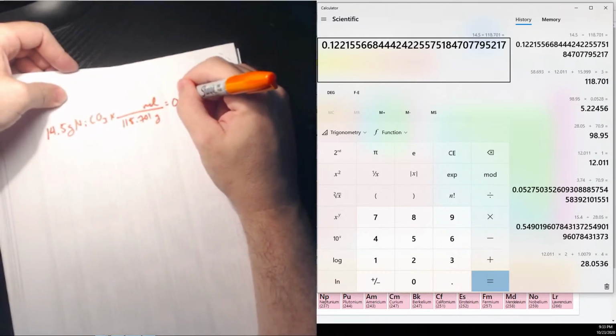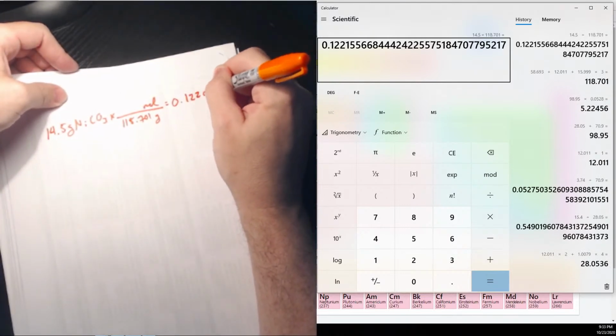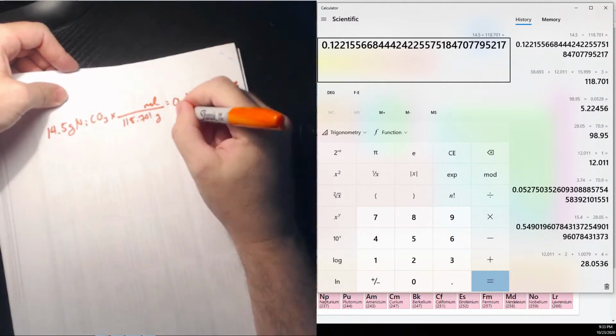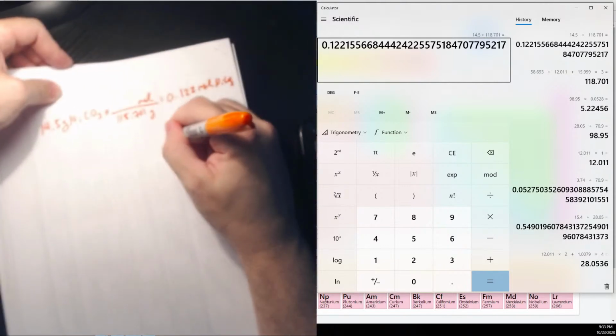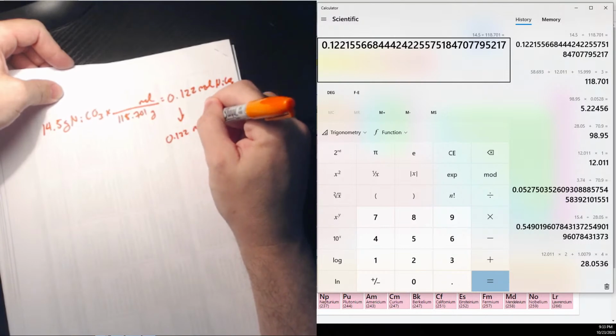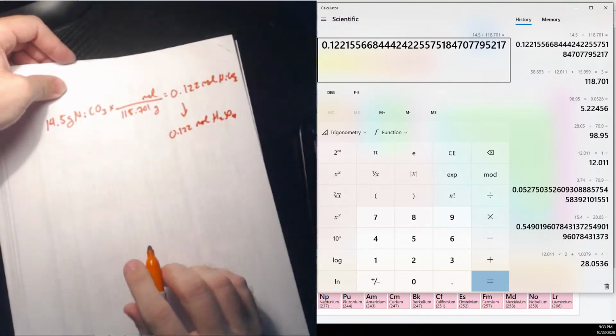That gives 0.122 moles of our nickel(II) carbonate, which, nice 1 to 1 relationship, is 0.122 moles of sulfuric acid.